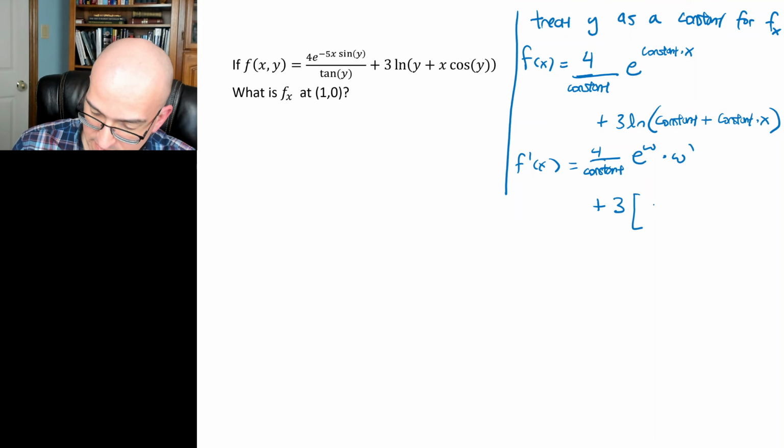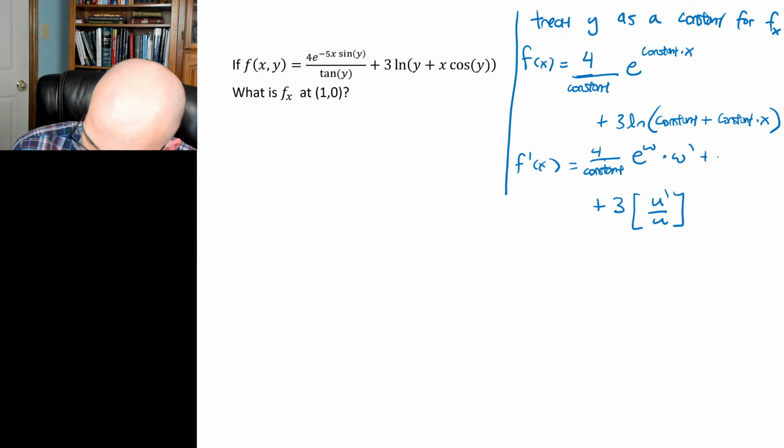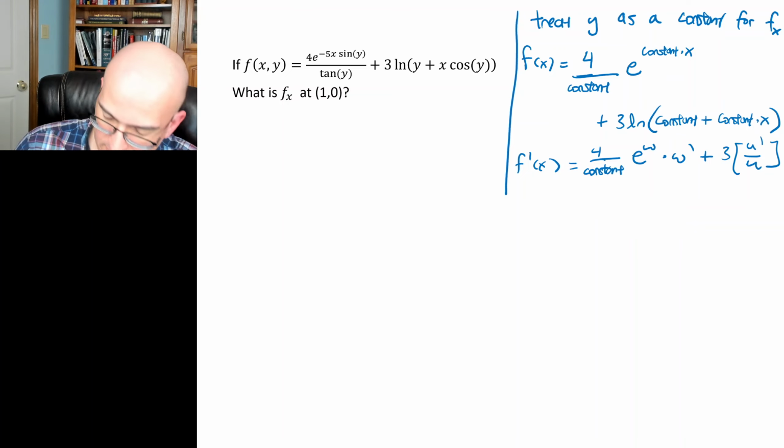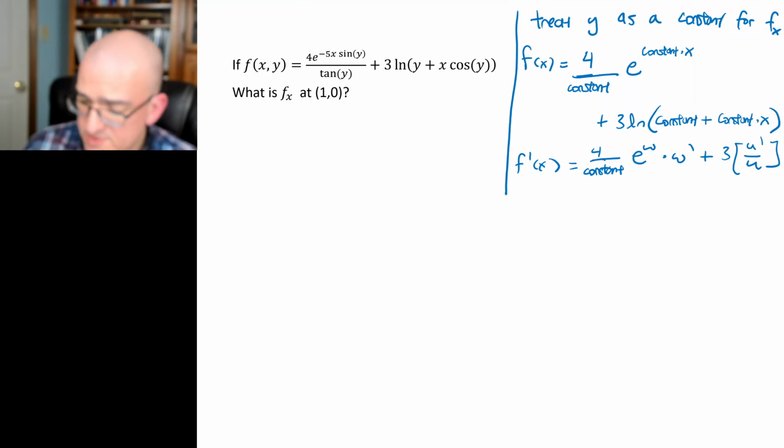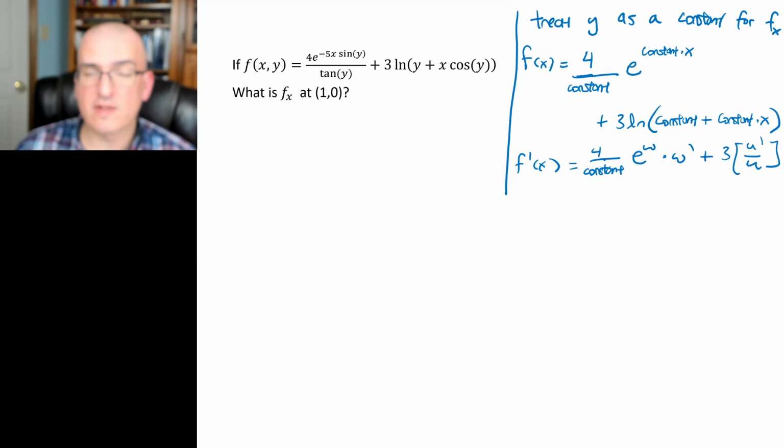I'll call it u prime over u, since we already used w for the above part. So we're going to use that format for our derivative of this function with respect to x.